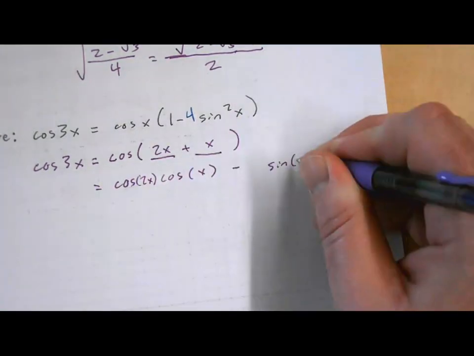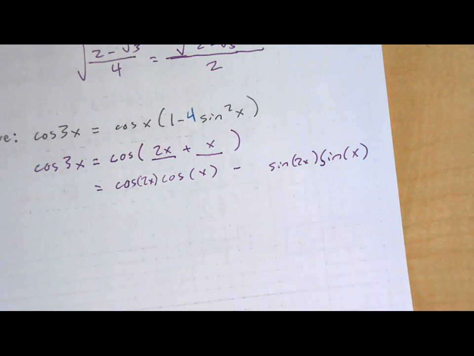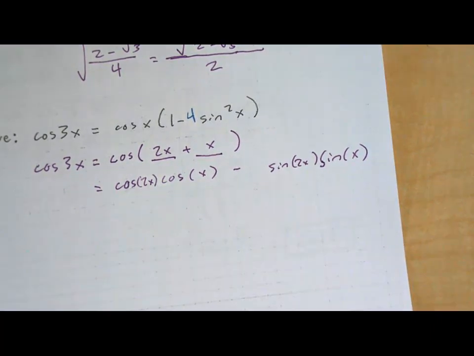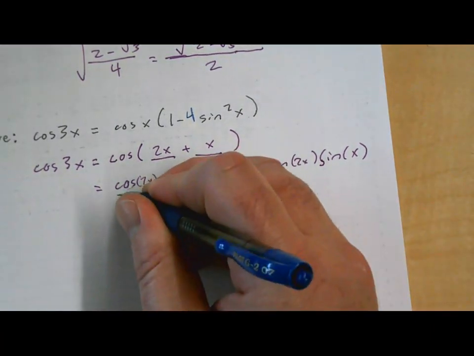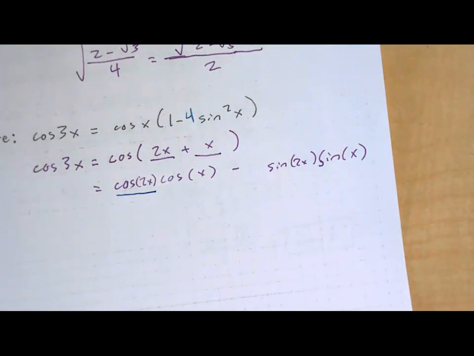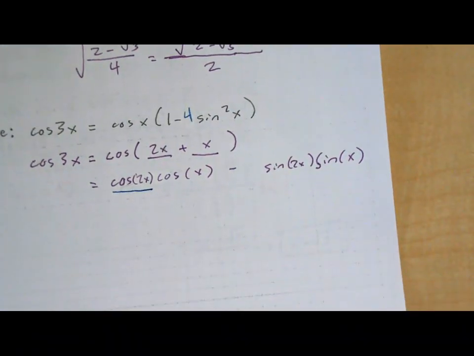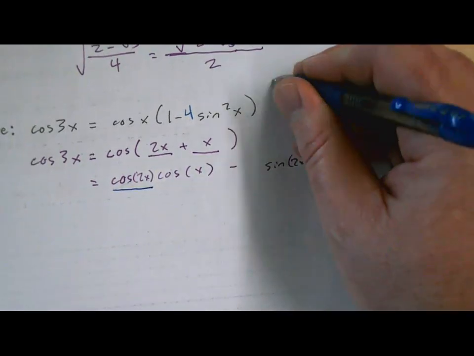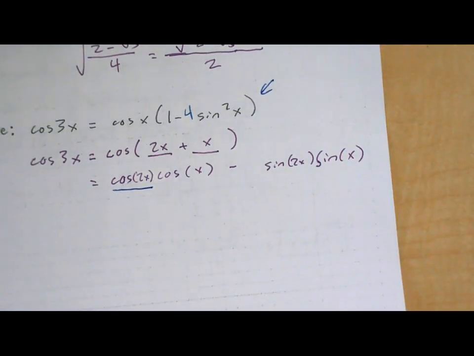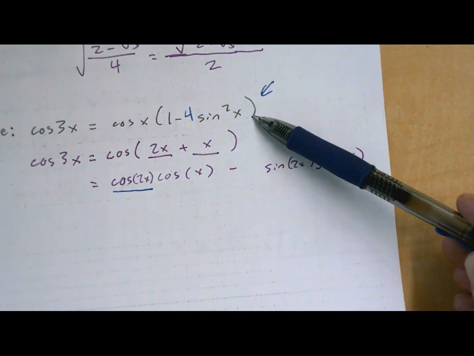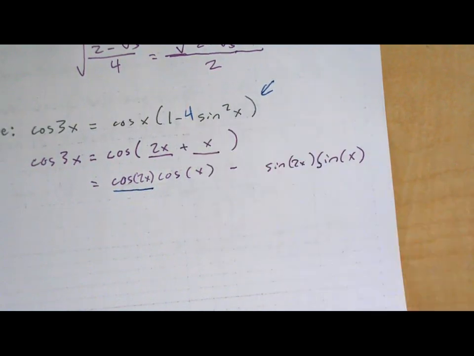2x and x, 2x and x. And the trickiest part of this problem for me was to decide which of my three versions of cosine 2x to use here. And I looked up here to give me the answer. I picked the one that looks the most like the thing I'm trying to get, this 1 minus 4 sine squared x.